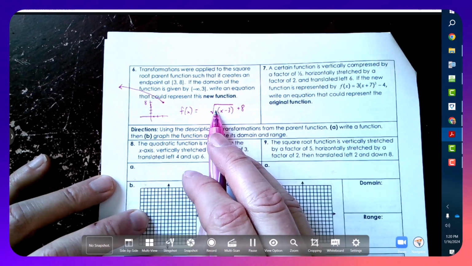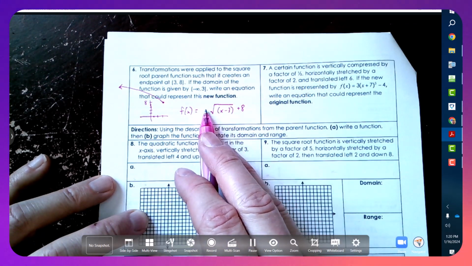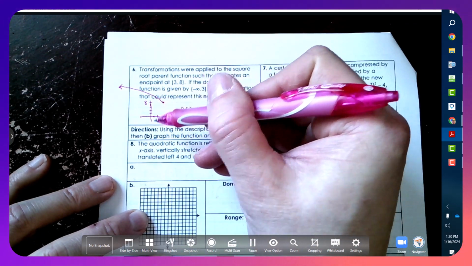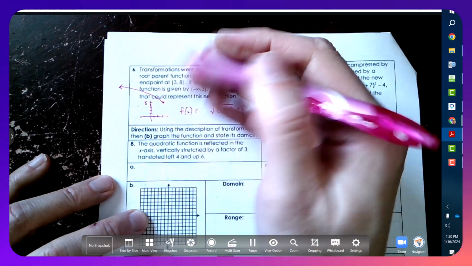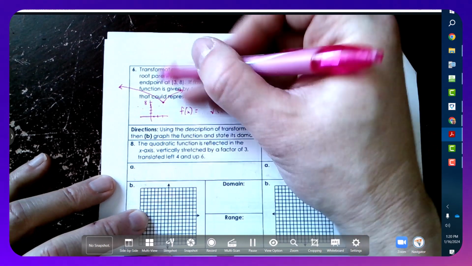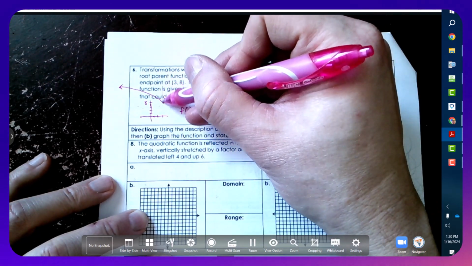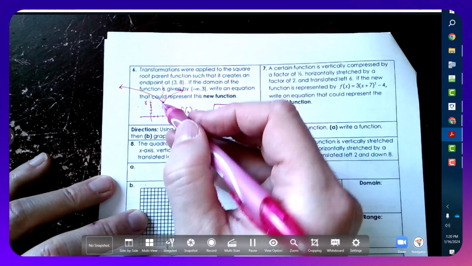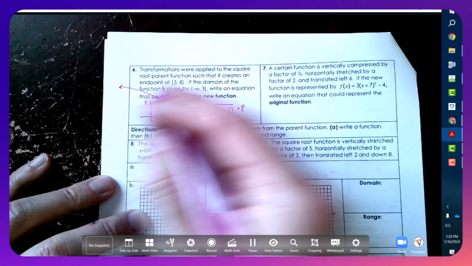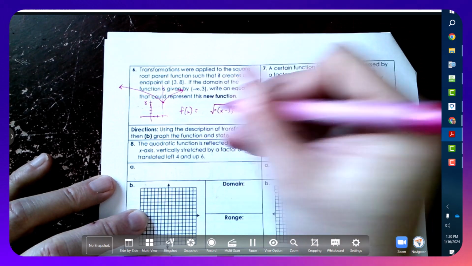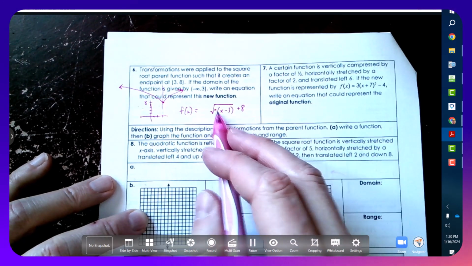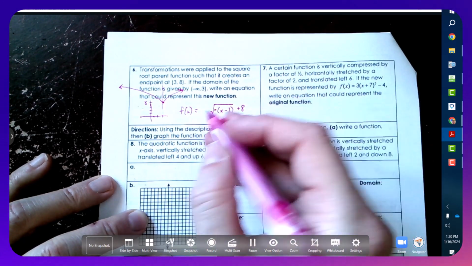But do I put the negative sign here or here? It did not reflect over the x-axis. It reflected over the y-axis, because it should be going this way, but we reflected on the y-axis. That's why it's going in this direction. So if it reflected on the y-axis, that is the one that needs to go in front of those parentheses, not on the outside. So this one is actually done.